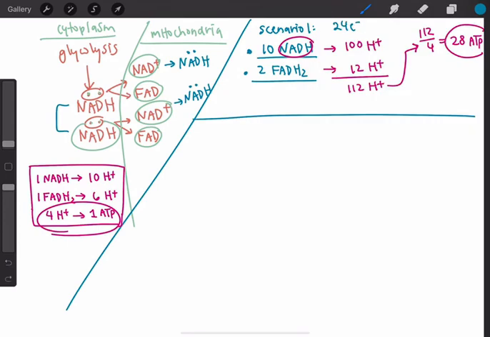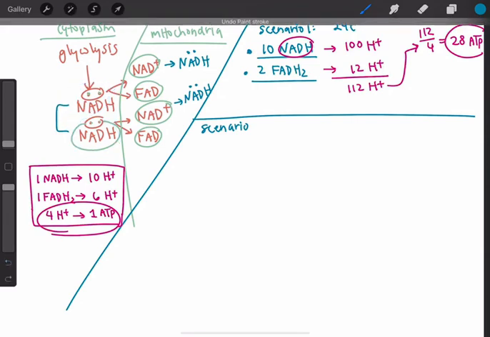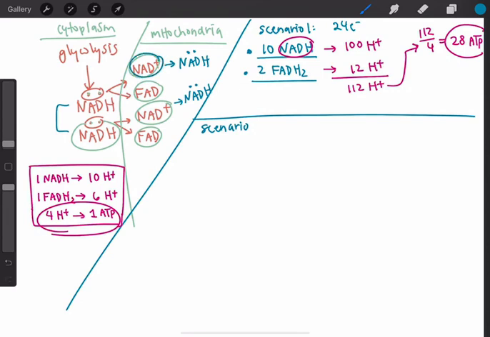So another scenario here would be if the pairs of electrons from these 2 NADH molecules, one was donated to another NAD plus, and another one was donated to an FAD, making FADH2. So in this scenario, you would have 9 NADH molecules and 3 FADH2 molecules.